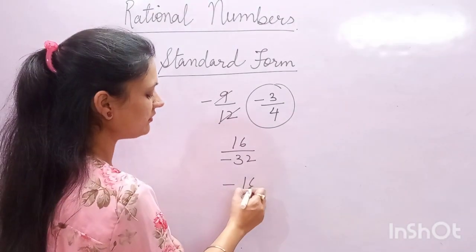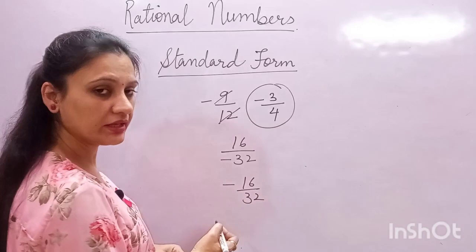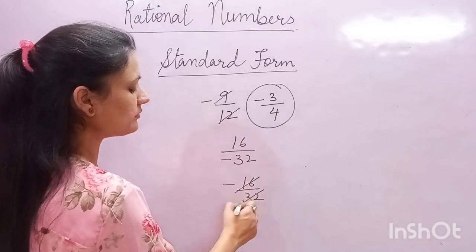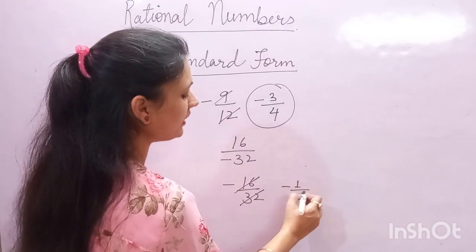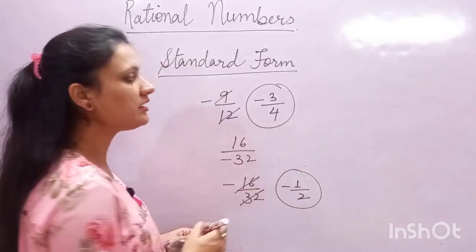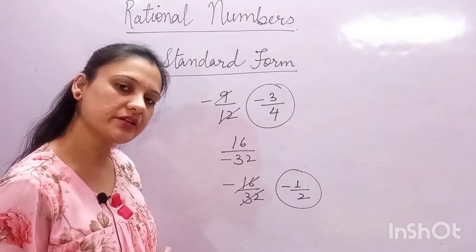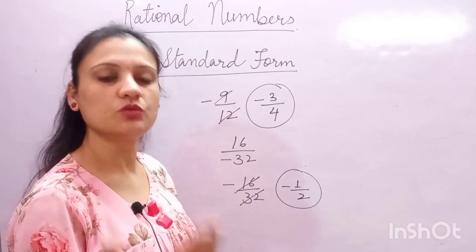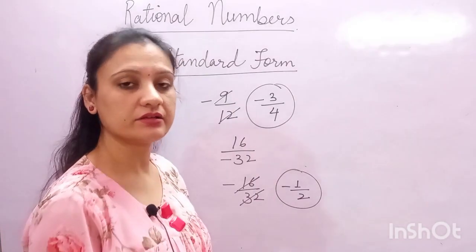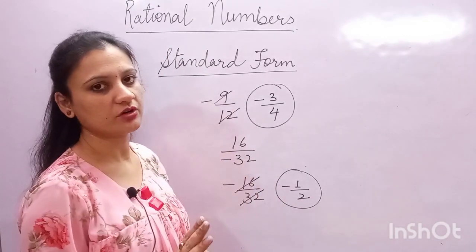So can I write it like this, the same thing, and then you can reduce it. It can be reduced by 16, so it is 1 by 2. This is again the standard form, right? Exactly like the reduced or the lowest term, but the only difference is the denominator should not be negative.